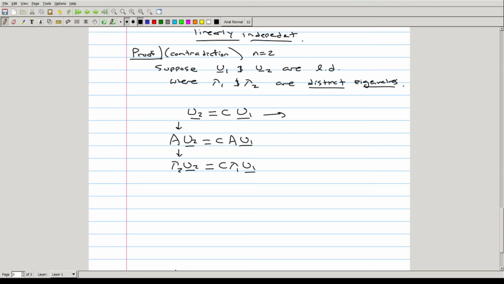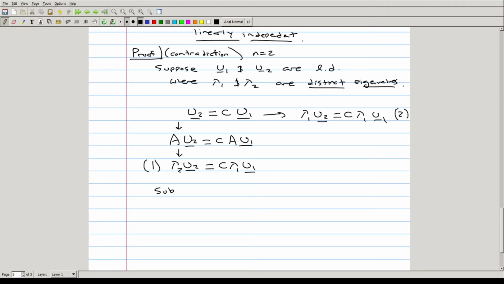We can also multiply both sides of this expression by lambda 1 to get lambda 1 u2 is equal to c lambda 1 times u1. So I'll call this equation 1 and this equation 2.